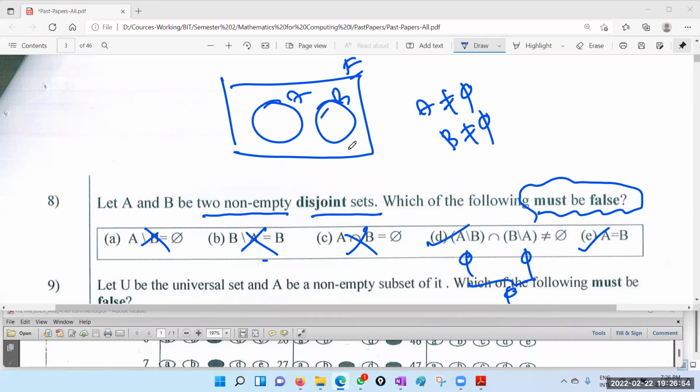What they ask is must be false. Definitely false. There is no way you can say that this is true, in no situation. So then only we can say must be false. So the answer must be D and E.